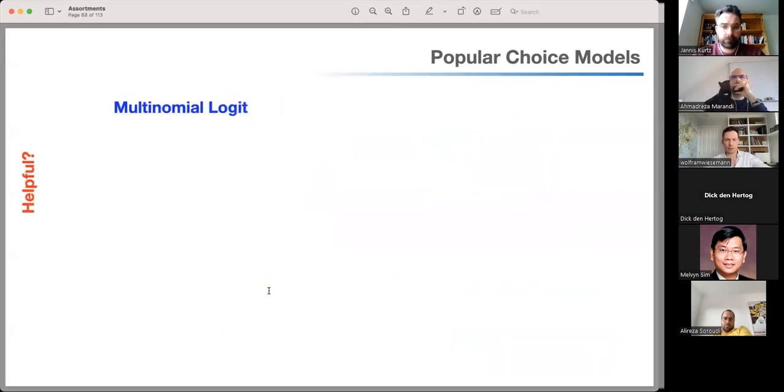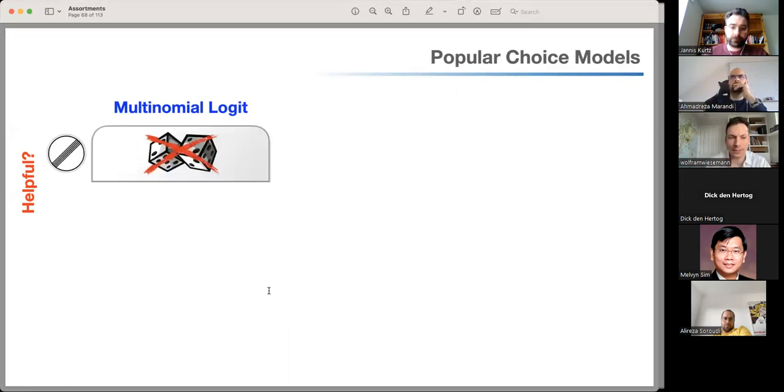So under this multinomial logit model, can randomization help? It turns out that this depends on whether we consider an unconstrained assortment optimization problem or a cardinality constrained assortment optimization problem.